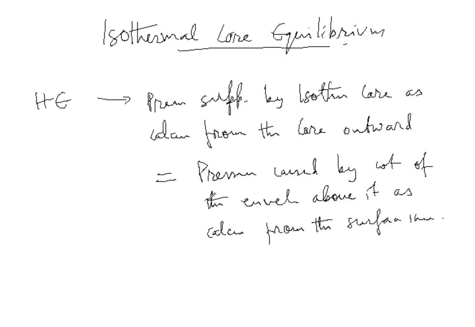Okay, so now by imposing this condition we can obtain a constraint on the mass of the isothermal core. So MIC, mass of the isothermal core, as a fraction of the total mass.